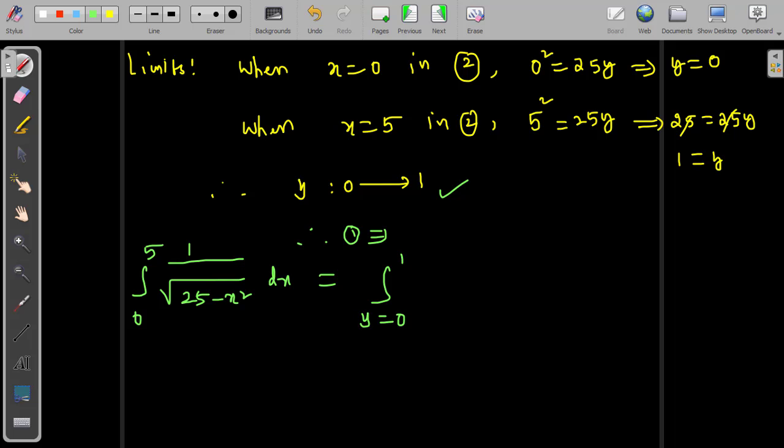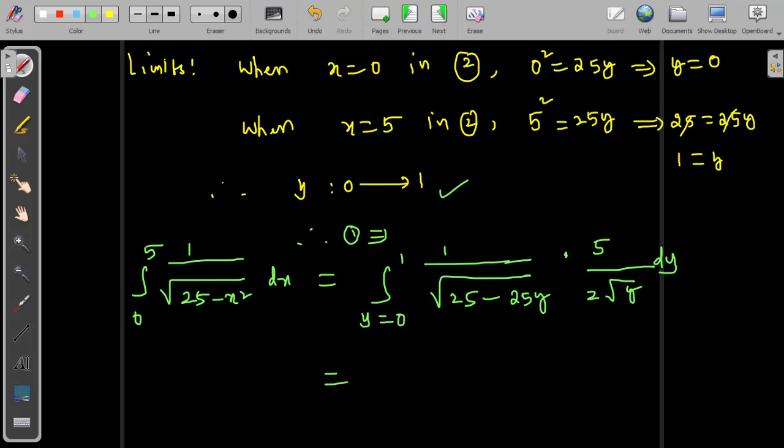Root of 25 minus x square is nothing but root of 25 times 1 minus y, and dx, as per the previous page, is 5 by 2 root y dy. Next, 5 by 2 is a constant, so write it outside: 5 by 2 times integral y from 0 to 1.